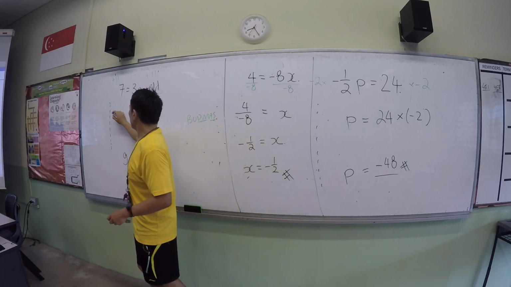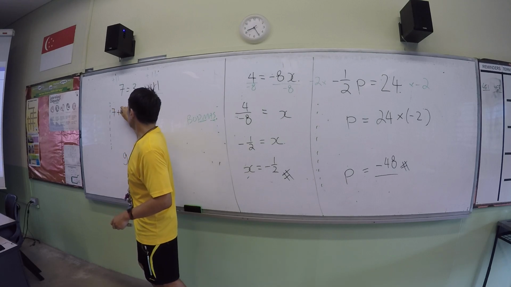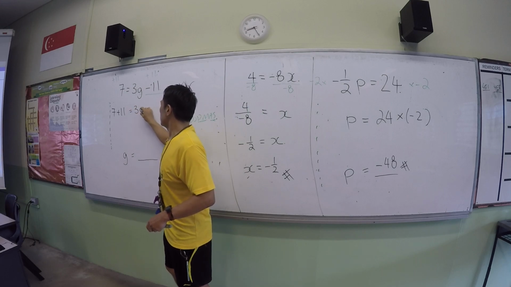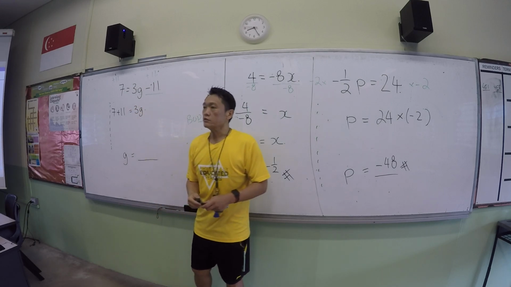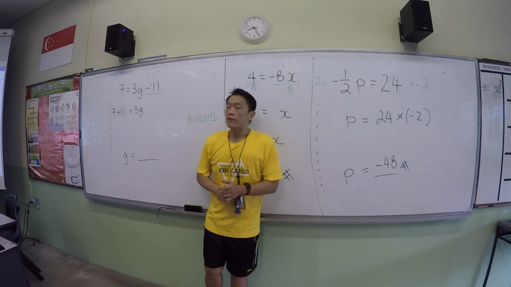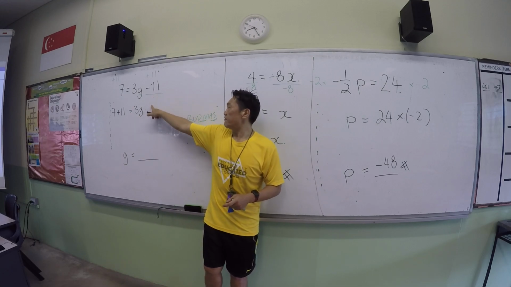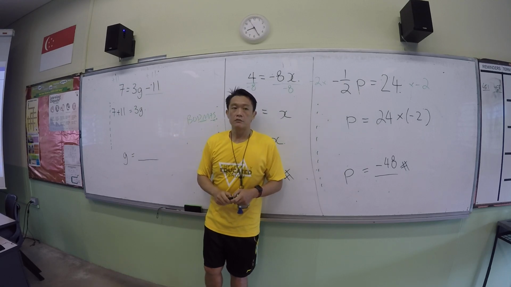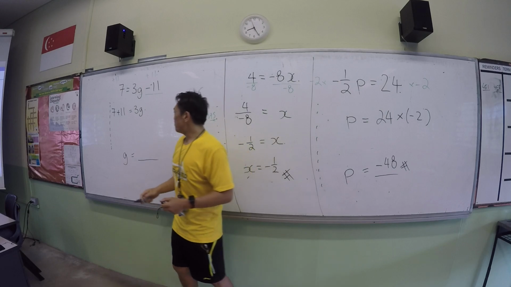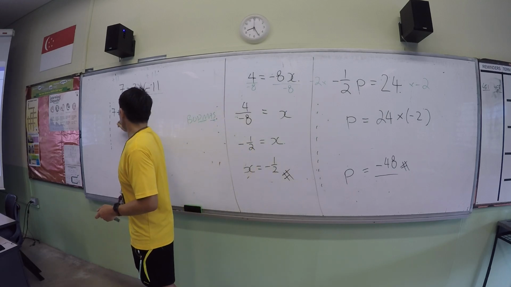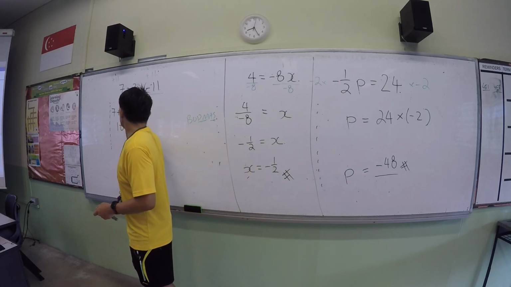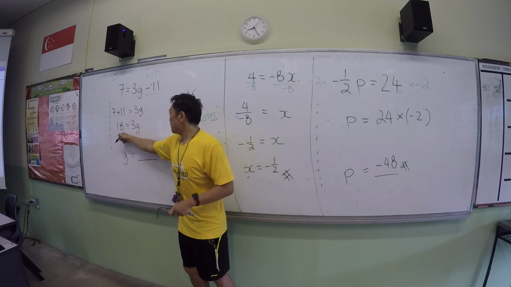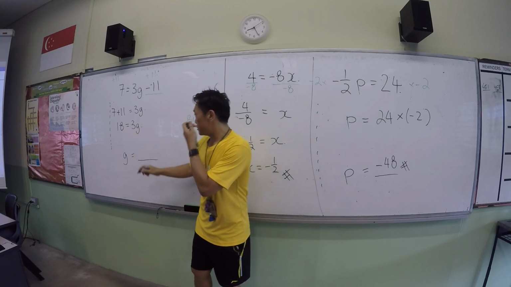So the next equation I come up with will be 7 plus 11 is the same as 3g. Okay? Now the minus 11 is gone already because I add 11. Simplify whenever I can. 7 plus 11 is 18. If 18 is the same as 3g, what is g?